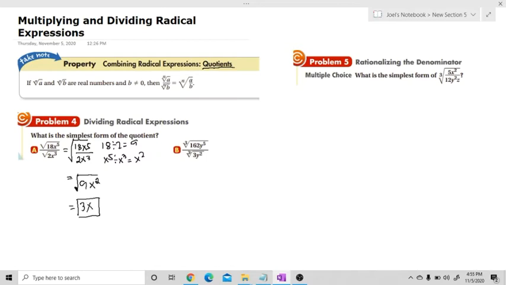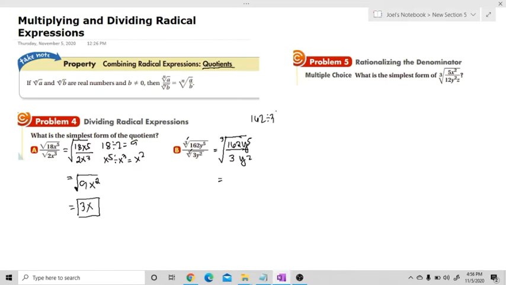Then, let's proceed to the second example. The cube root of 162y raised to the exponent 5 all over the cube root of 3y squared. Since they have the same index, we apply the quotient property of radicals. We can write it as the cube root of 162y raised to the exponent 5 all over 3y squared. Now, 162 divided by 3.